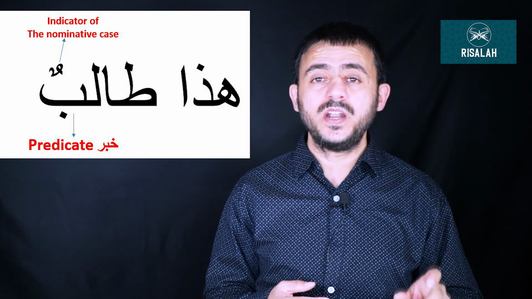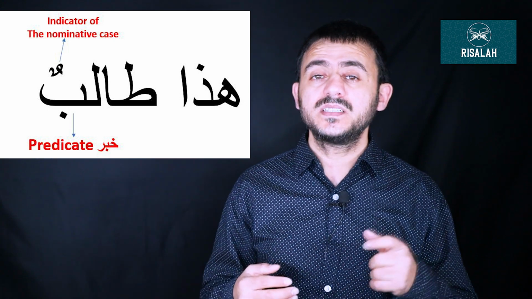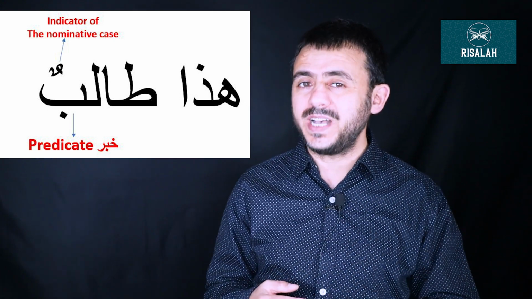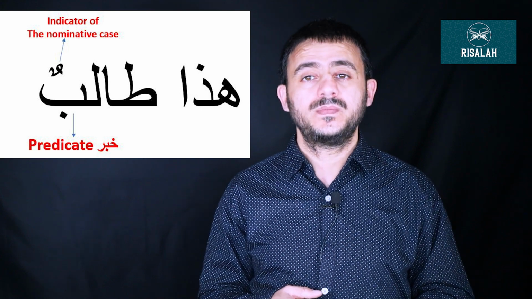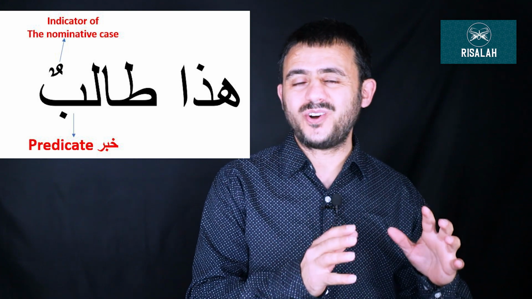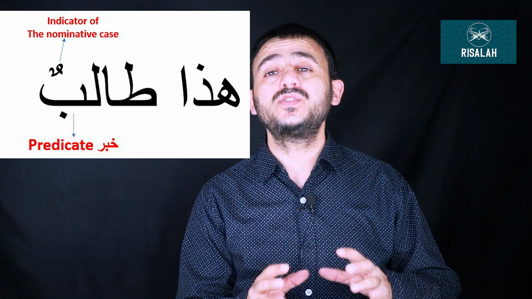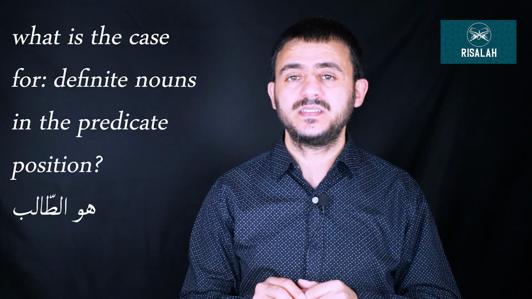So طالب here is al-khabar, the predicate. هذا is al-mubtada. طالب ended with two dhammas, tanween, nunation. The khabar there had a nunation because it's indefinite. What about when it is definite? I want to ask you before I give you the example. What is the case ending of al-khabar if it is a noun and it is definite?